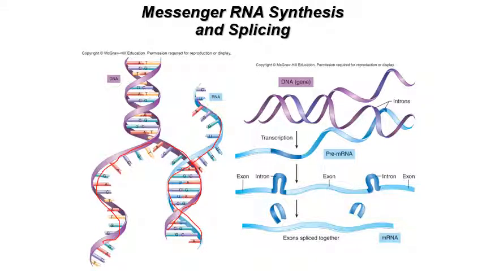Not the mature one though, because remember we have to take this initial RNA, and so here's the fully transcribed RNA, and now we're going to splice out those introns, those non-coding regions, and splice together the exons to make the mature RNA. This would be the RNA that would go to the ribosomes and do that second step, which we're going to go over, the translation step.